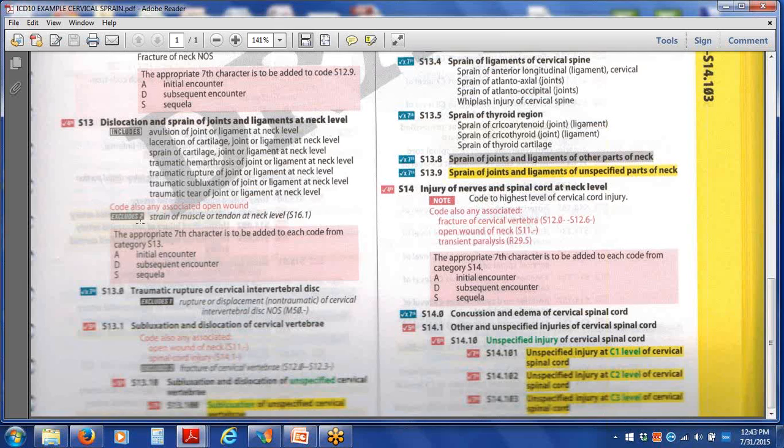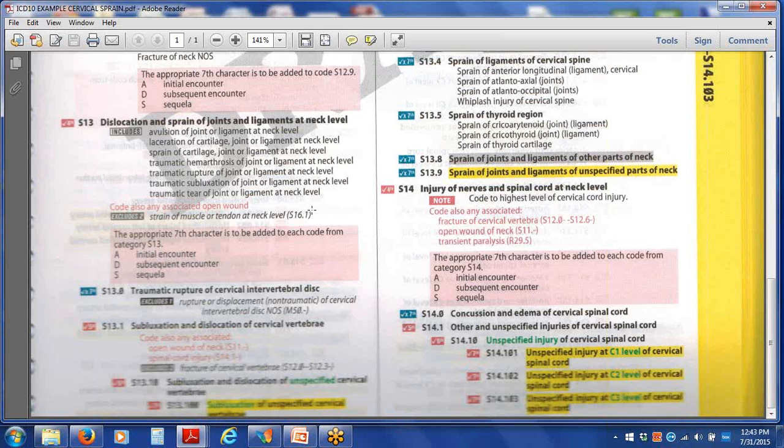And it tells you that we have an excludes 2 for strain of muscle or tendon at the neck area, meaning that we can code the S13.4 along with it, because this is the ligament of the cervical spine, and on the excludes 2, S16.1 is the muscle or tendon around the cervical spine. So you can see how specific we're getting now. That old 847.1 is not going to fly anymore.